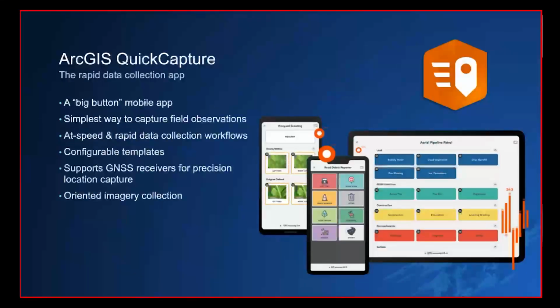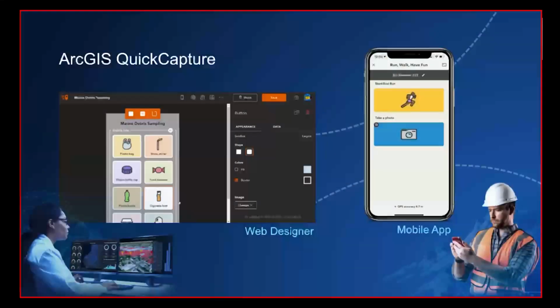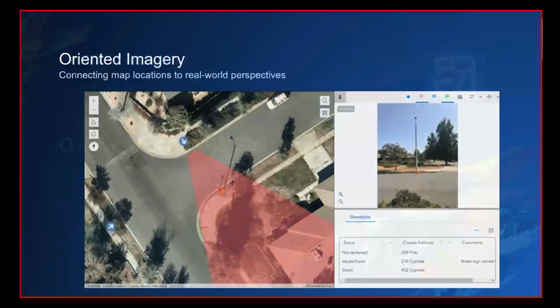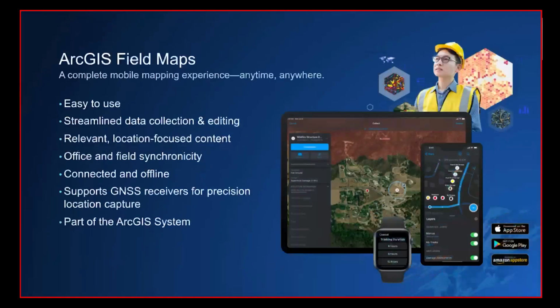And it's great for, as the name implies, capturing data in an efficient and quick manner, but sometimes we might need to go the extra mile and have a bit more information actually tied to the assets that we're collecting out in the field, whether we're building out some robust forms to fill out the fields tied to the thing we are collecting, or whether we need better spatial location. Whatever the reason might be, that Quick Capture does not have the full capabilities of what we need, we can turn to ArcGIS Field Maps.